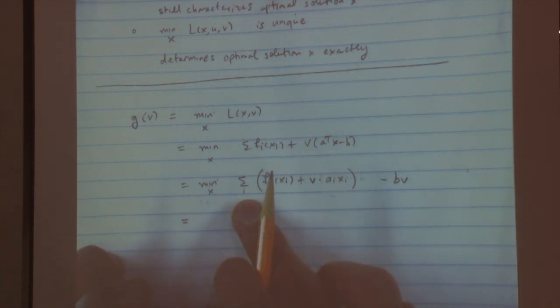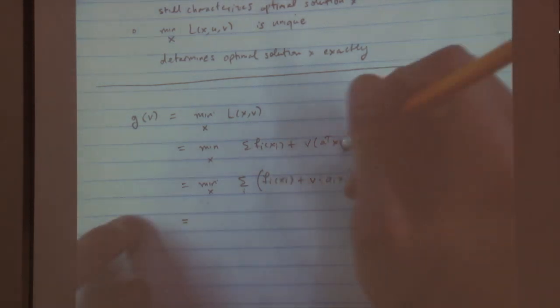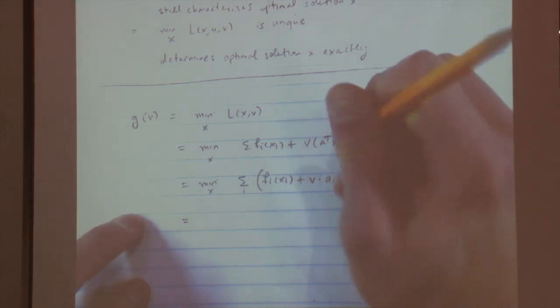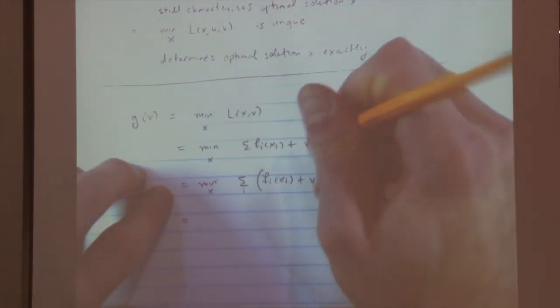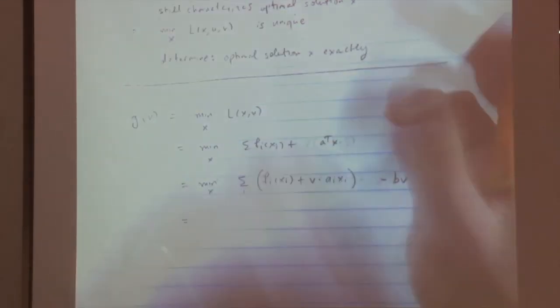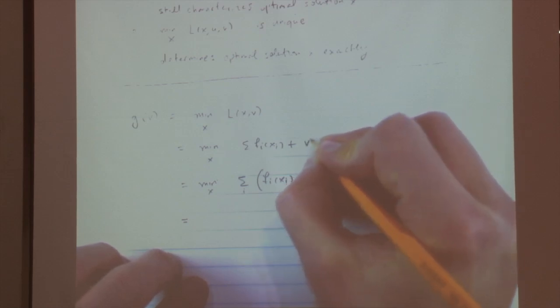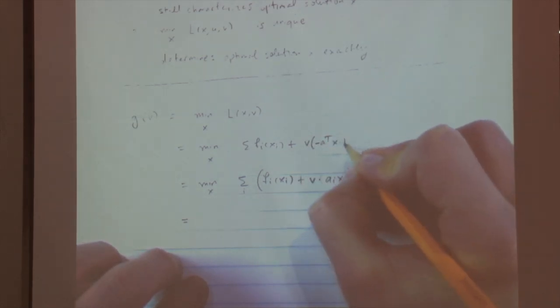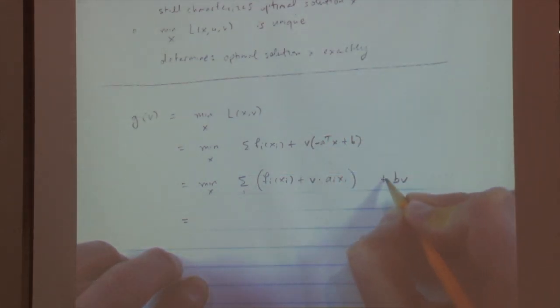I suppose up here, just for convenience, in the slide I have it written as b minus A transpose x. It doesn't matter. The dual would have been equivalent either way, but it's just more convenient.